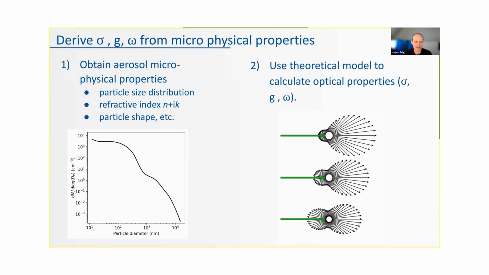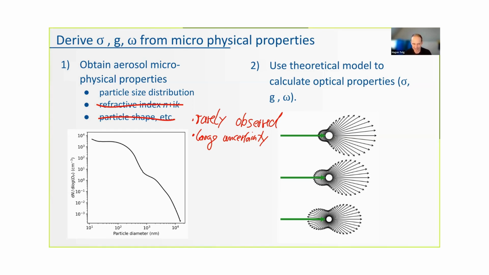The most common one is the particle size distribution, but the other ones are rarely observed, and they often have large uncertainties. And especially if you do not have any information on the particle shape, then you might as well use a rather simple theoretical model, which is usually Mie theory, to describe your optical properties.